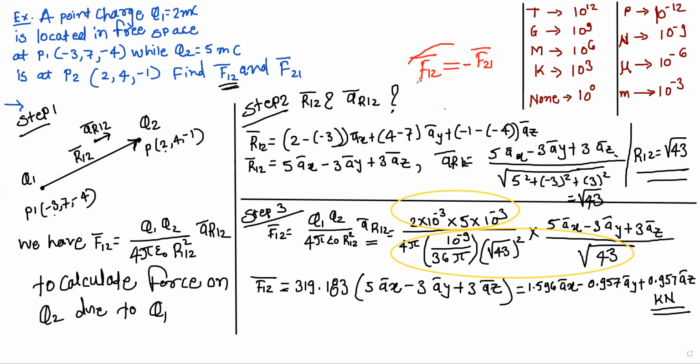So from that basic assumption, if this is your F21, I can simply write here F21 bar is equal to minus F12, and F12 is calculated in the previous case.